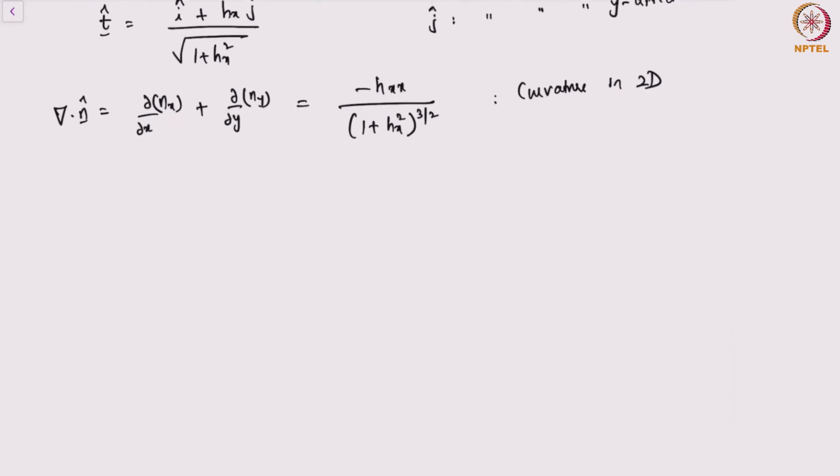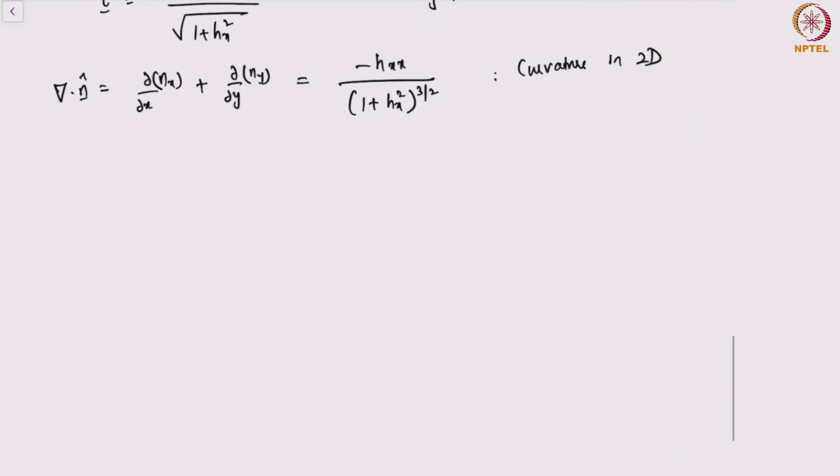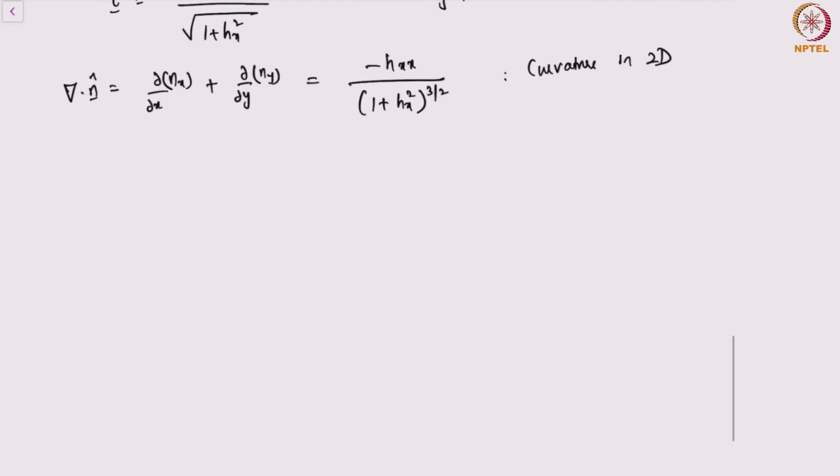So what are the boundary conditions at an interface, or what are the interface conditions that I am interested in? Let's write down the usual ones. The first one would be the normal stress balance. The normal stress balance would say, we have already derived this earlier.